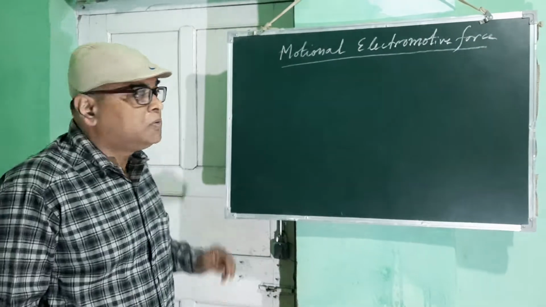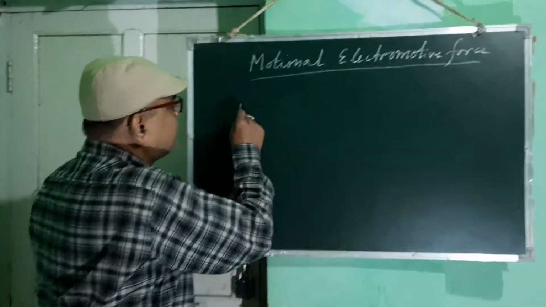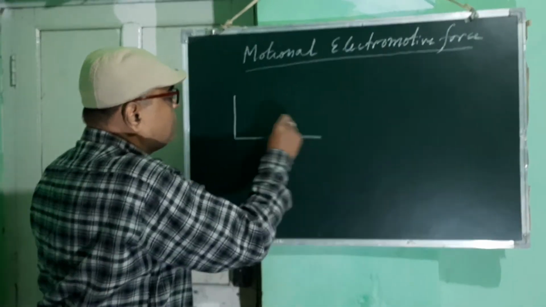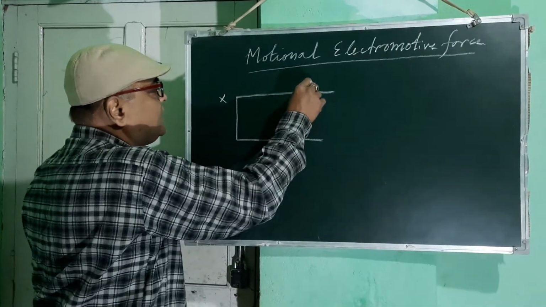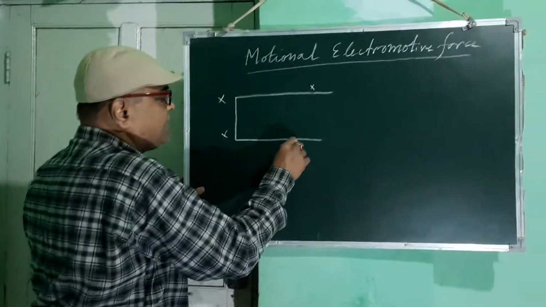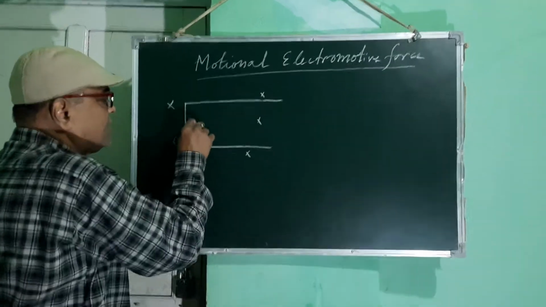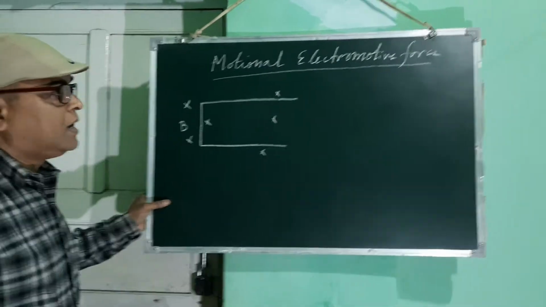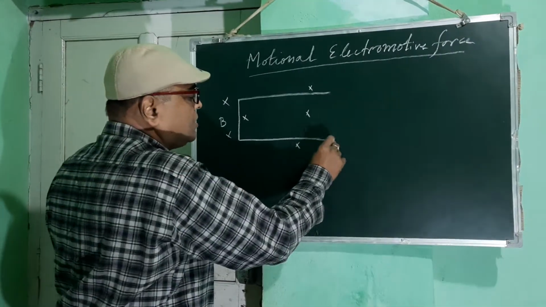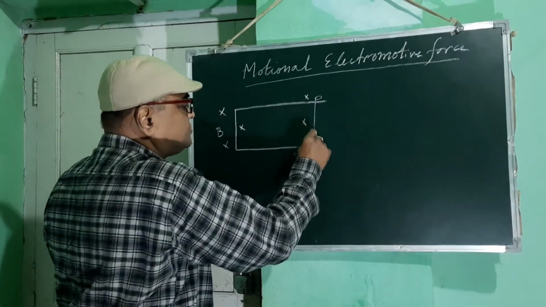First we will draw the figure. For example, there is one conducting loop present, and a magnetic field is present here. The magnetic field is B. Here I kept one conducting loop.